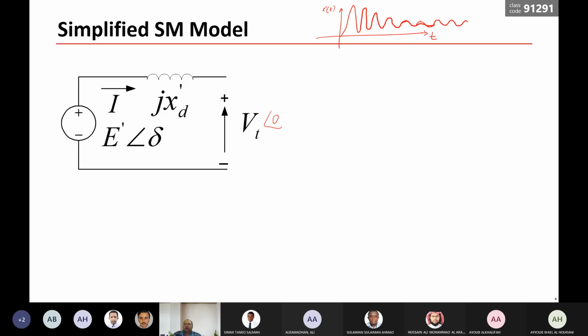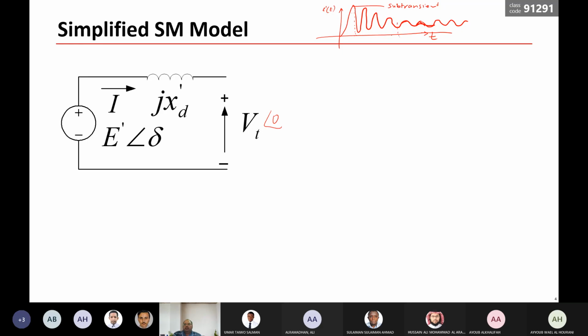This is the instantaneous value, a sinusoidal waveform. This is called the subtransient current. This is a few cycles or half cycles after the disturbance.